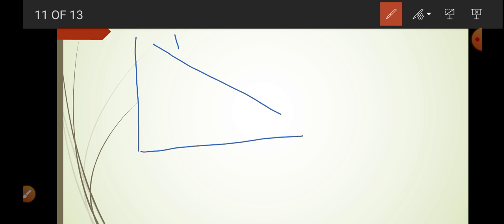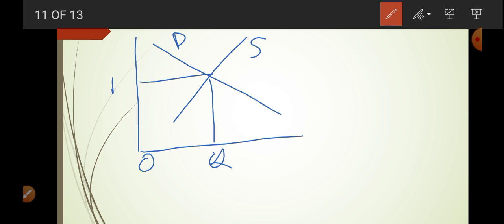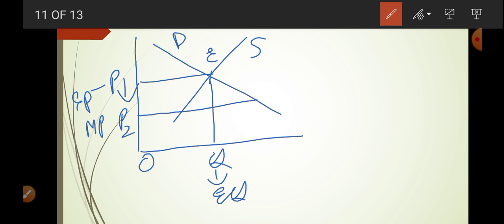Okay, if I explain it, this is your demand curve, this is your supply curve, this is your OQ supply and OQ demand, and price is OP. So this is equilibrium price and this is equilibrium quantity and this is your equilibrium point. Okay, if market price decreases, it becomes P2.